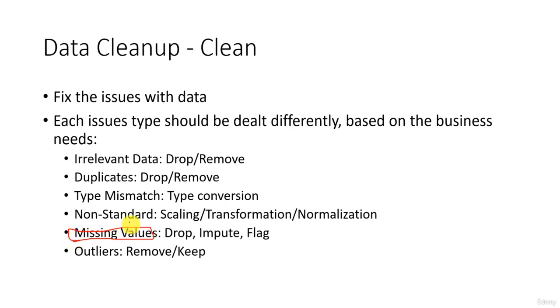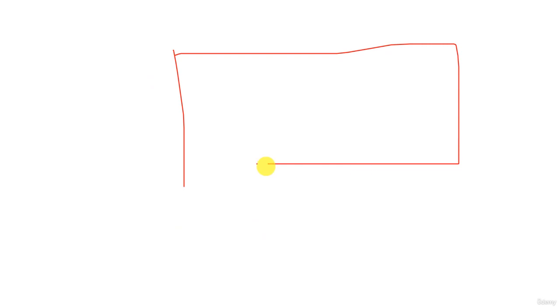Now in the case of missing values, you can either drop them, impute them, or give a flag to them. What does that mean? Let us say I have null values, that is, NA values. In the case of NA values, you can just directly drop them, because they might not be important for us, if you have a large sample.